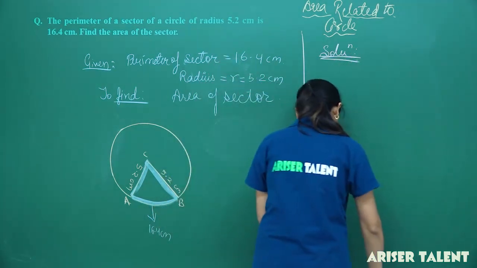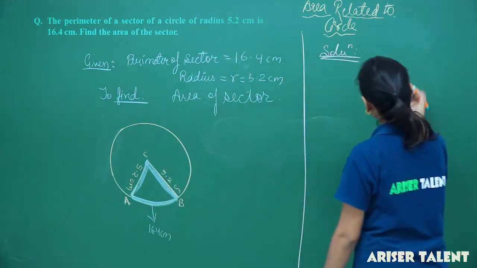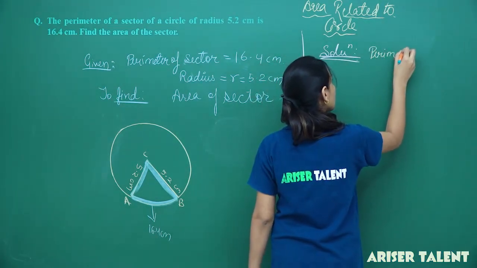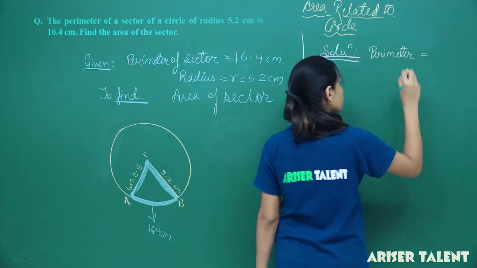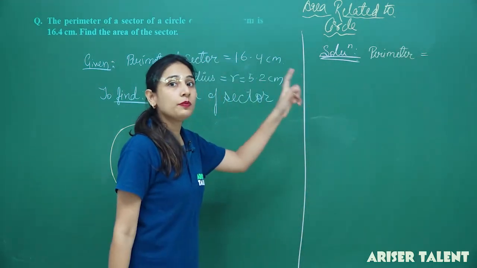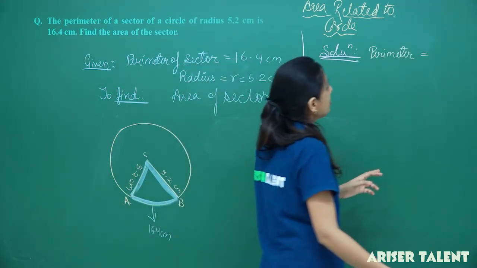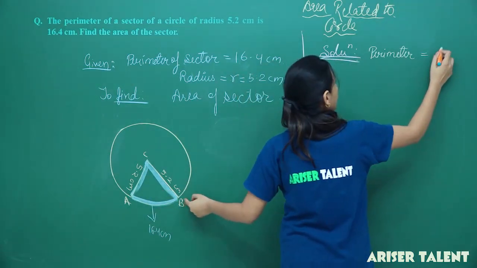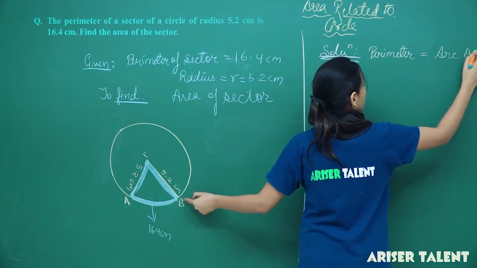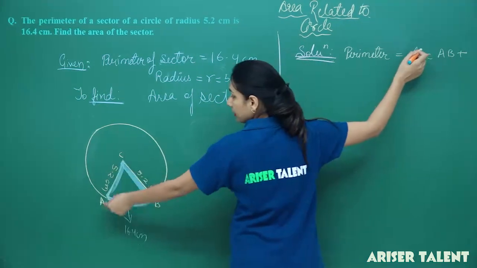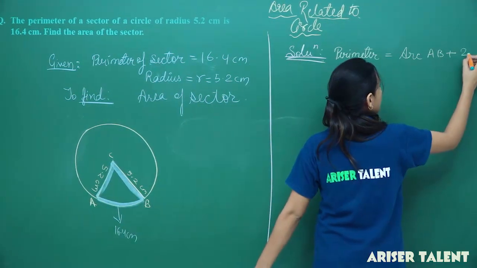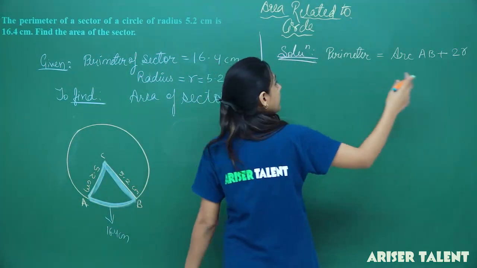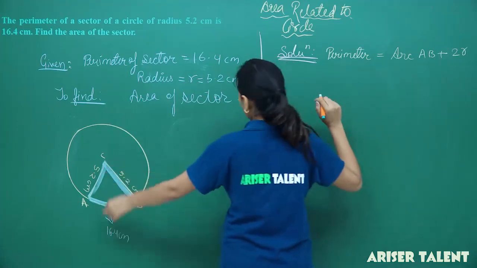Talking about the solution, you are given the perimeter. Now look, what is the perimeter? The perimeter is this arc AB plus this radius plus this radius. So arc AB plus twice the radius will be equal to the perimeter.